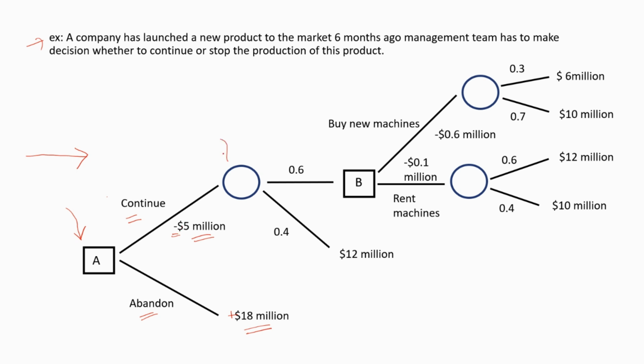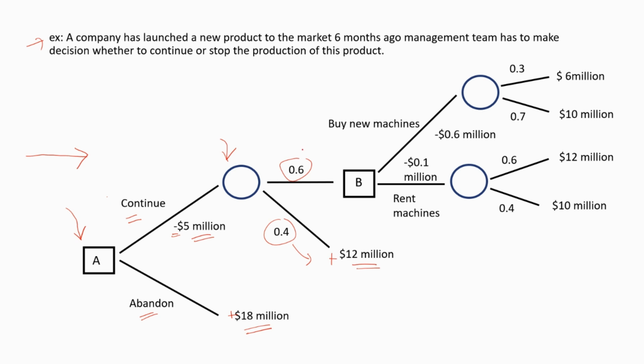So there is the first outcome point, and there are two outcomes with probabilities 0.6 and 0.4. The 0.4 outcome will lead to a $12 million inflow. This is a positive value.